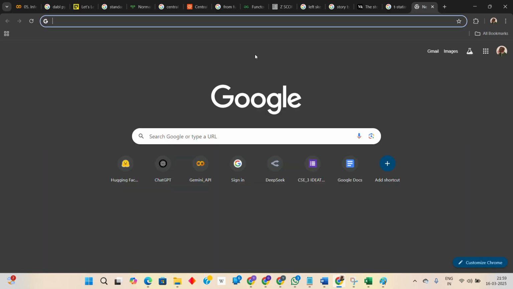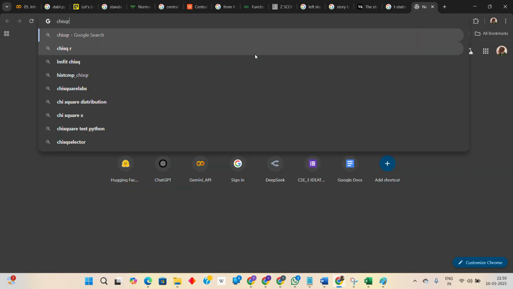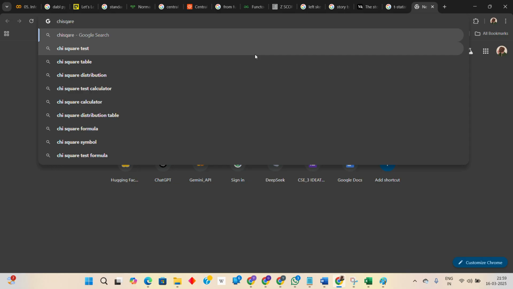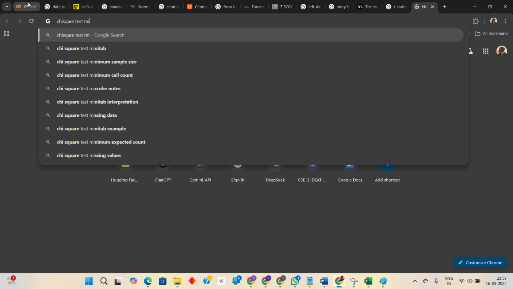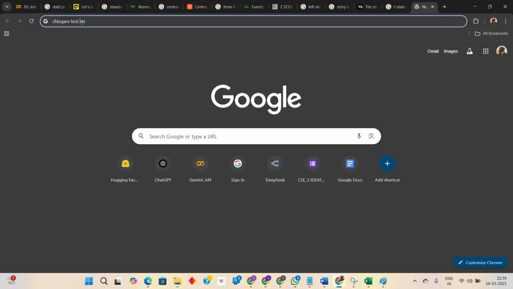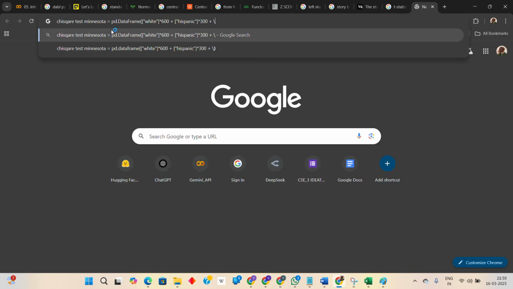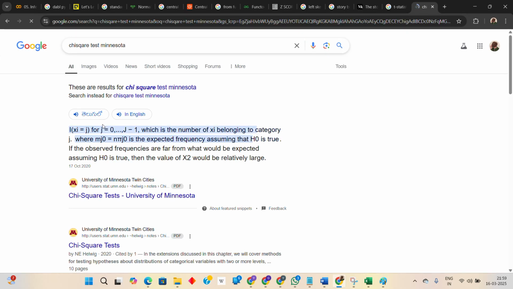If you search for chi-square test, this is quite common. Search chi-square test Minnesota, and you will find the same type of data in the US.